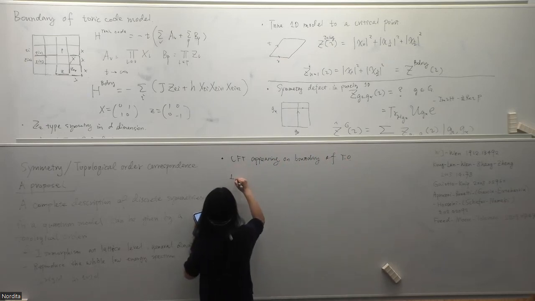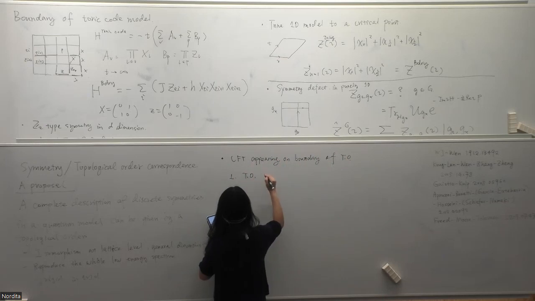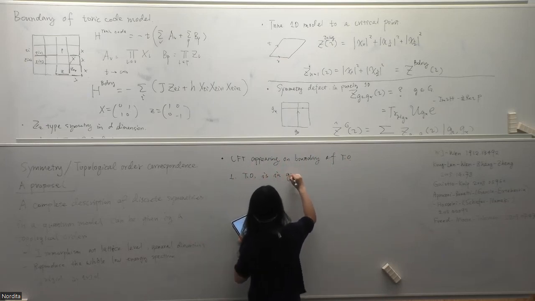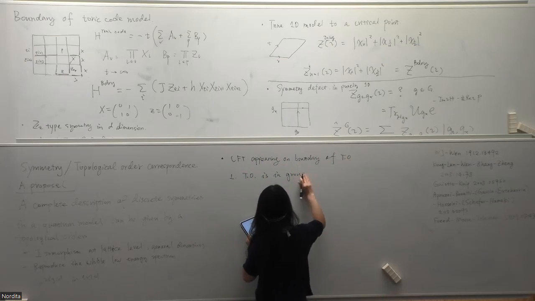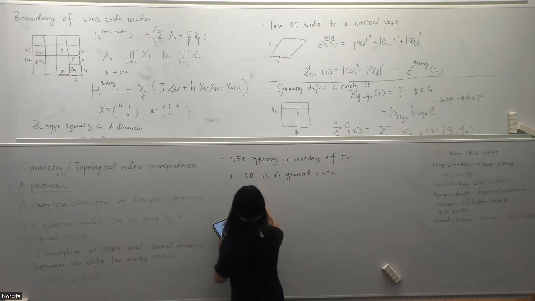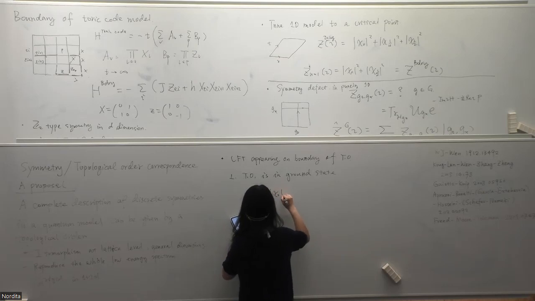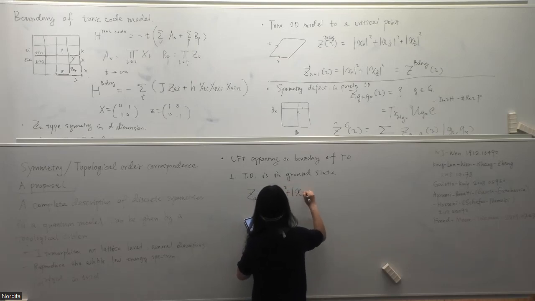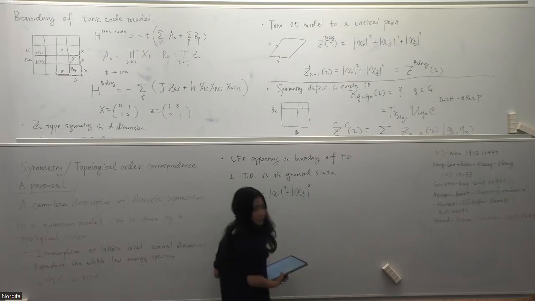When the topological order is in the ground state, like I'm not inserting any defect, a trivial defect, then we know that this partition function only contains this kind of spectrum.